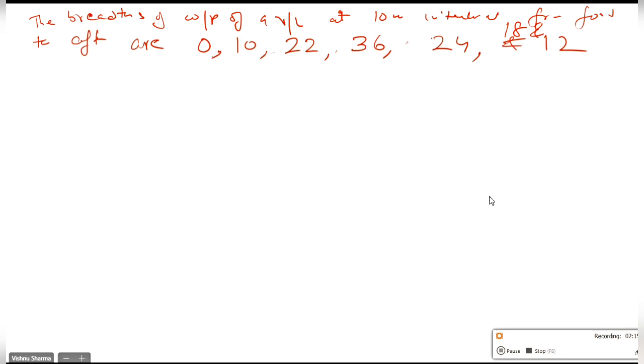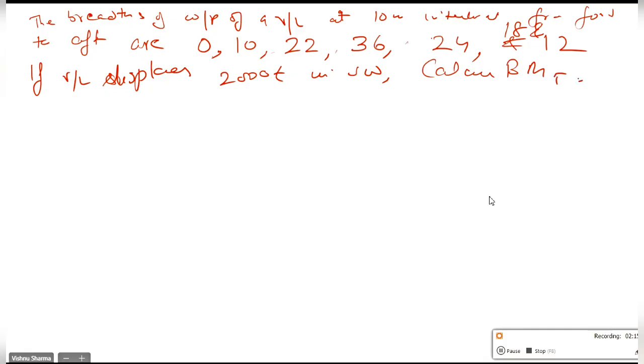If the vessel displaces 2,000 tons in seawater, calculate BMT.